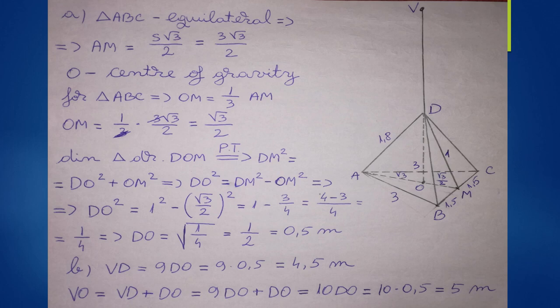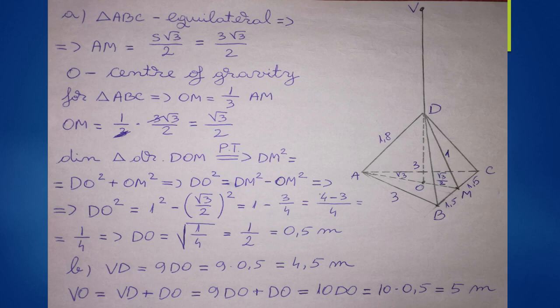Point A. ABC triangle is equilateral, so AM is equal to the side multiplied by the square root of 3, everything divided by 2, which is equal to 3 square root of 3, everything divided by 2.